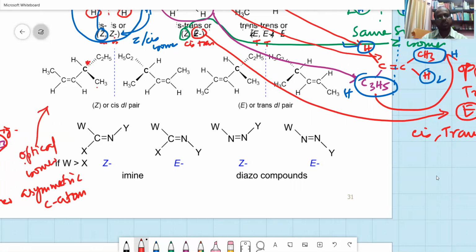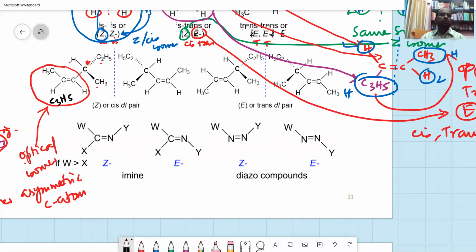Okay, CH3, C2H5, H, and this large group. This group I shall call C3H5, 3 plus 2, 5. This will be C3H5. Okay.